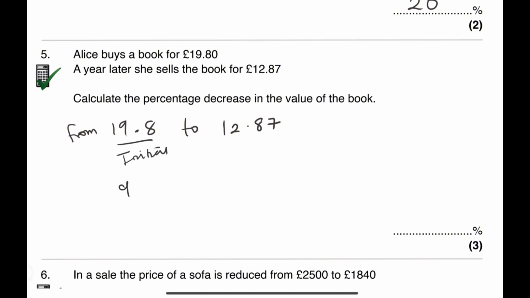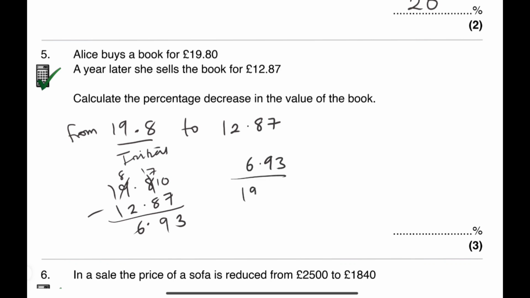So the difference is 19.8 minus 12.87. So this will be 3, this will be 9, and 8 minus 2 is 6, so that will be 6.93, divided by the initial of 19.8 times 100. So let's use our calculator for that.